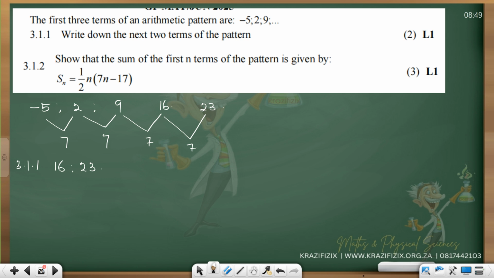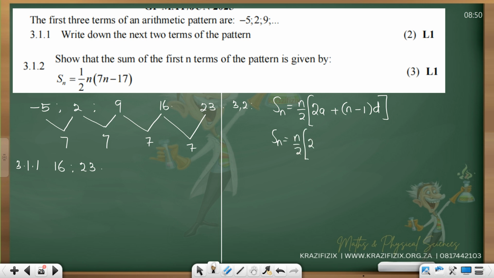Show that the sum of the first n terms can be given by 7n over 2 minus 17 over 2, that's 3.1.2. It's an arithmetic sequence. What is Sn? n over 2 times 2a plus n minus 1 times d. I do not know n. Do I know the first term? Negative 5. But what's our difference? 7.